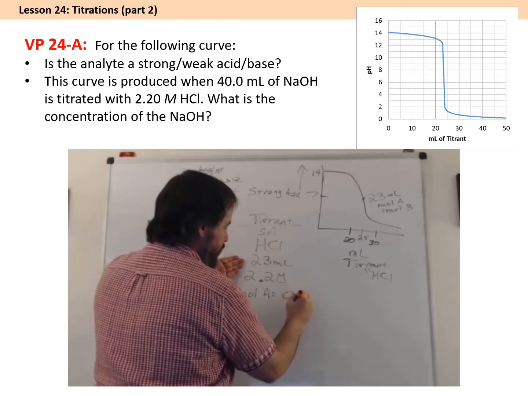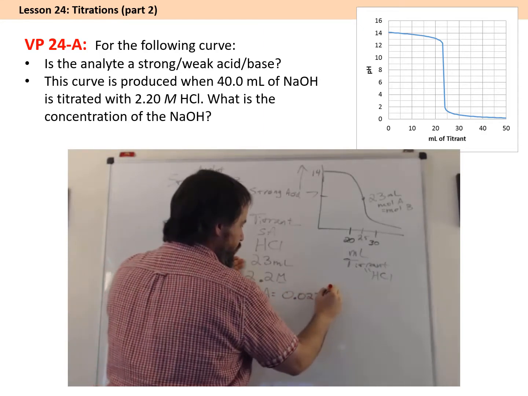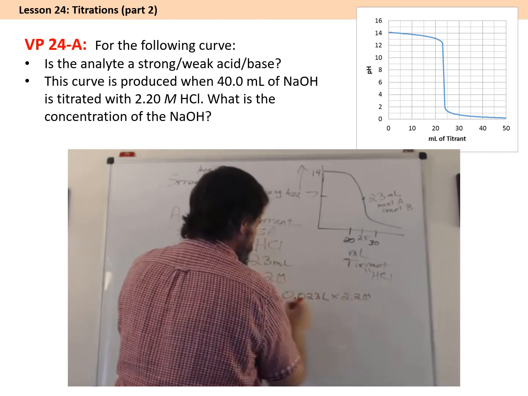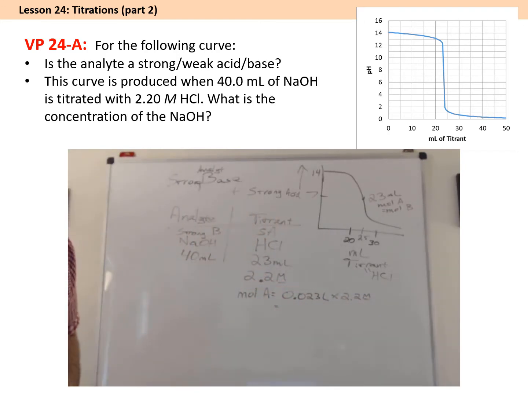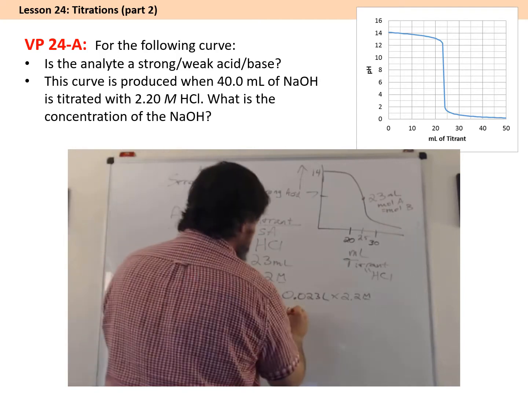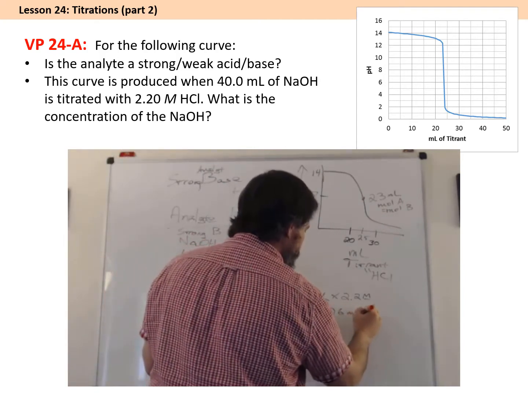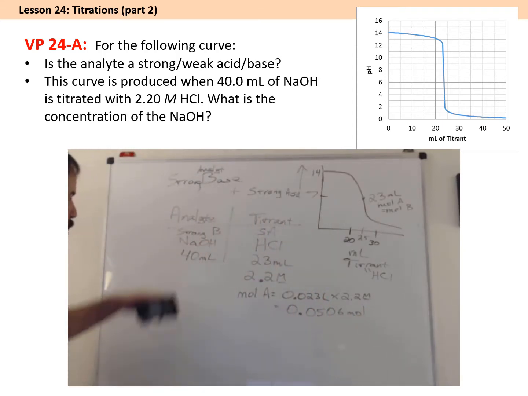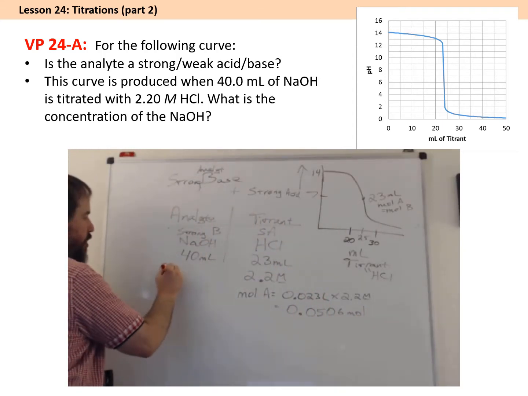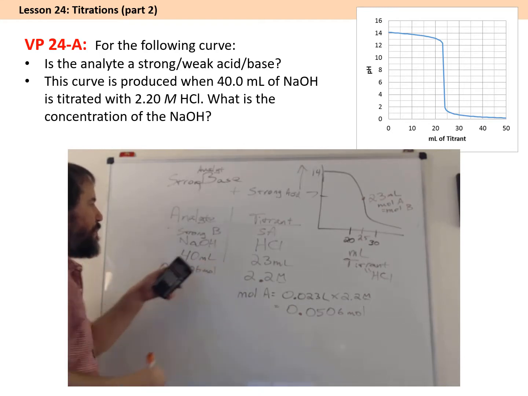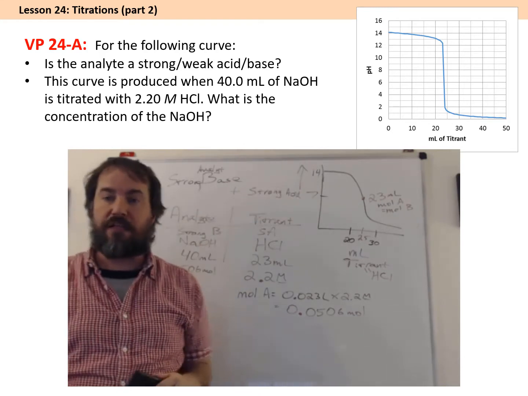It's going to be 0.023 liters times 2.2 molar. That gets me 0.0506 moles of my acid. That's also how many moles of base I have at the equivalence point.